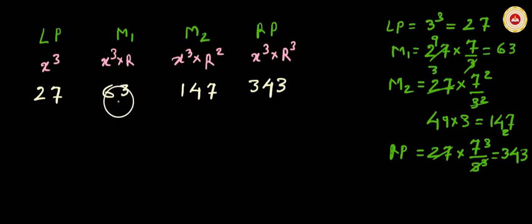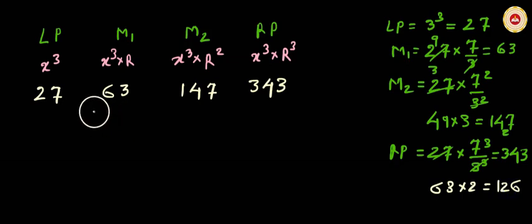Now the fifth step is to multiply middle part 1 by 2 and multiply middle part 2 by 2. What is middle part 1? Middle part 1 is 63. So multiply this 63 by 2. We get 2 3s are 6 and 2 6s are 12.